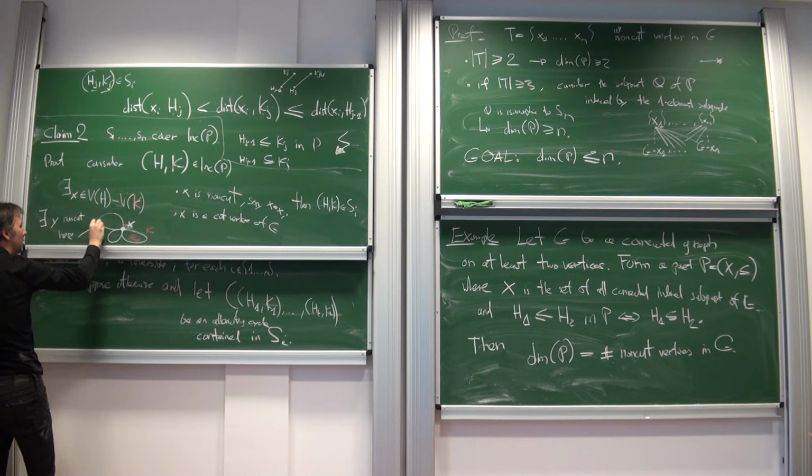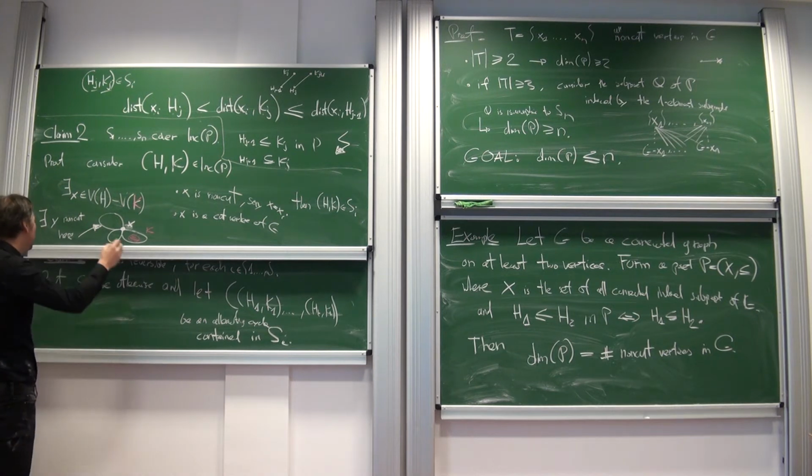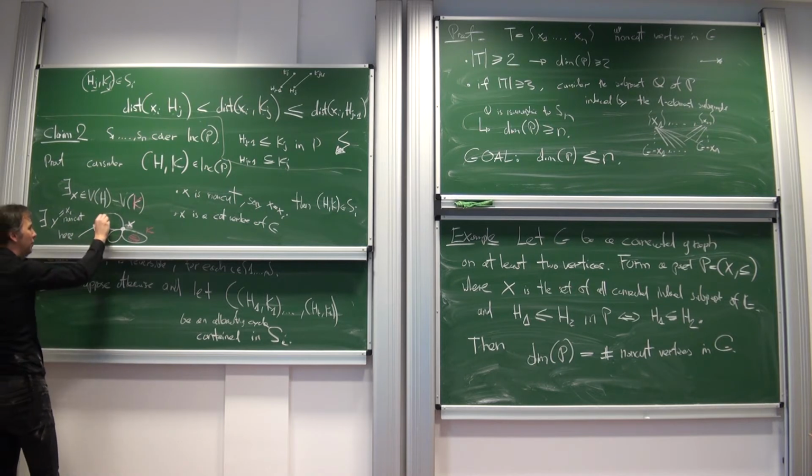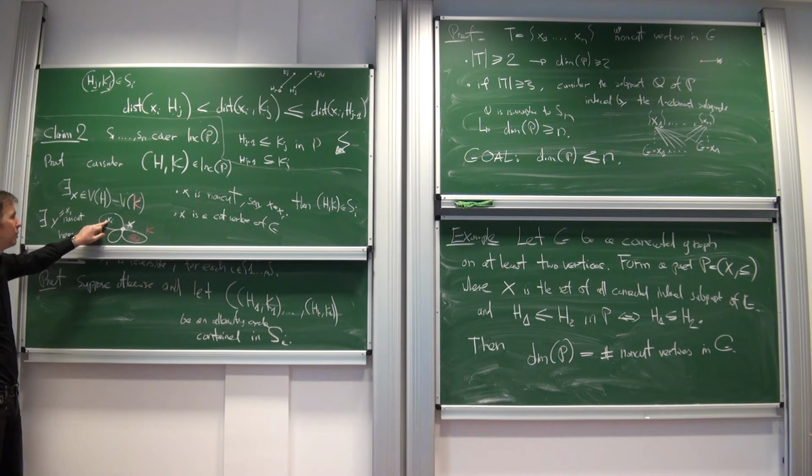So this Y then has a number, this number is xi, and now if you look at xi, and you think about the distance of xi to h and k, you realize that you're in good position, because any path from xi to k has to walk through x, and x is in h. So it is closer to h than to k. So hk again is in Si as desired.